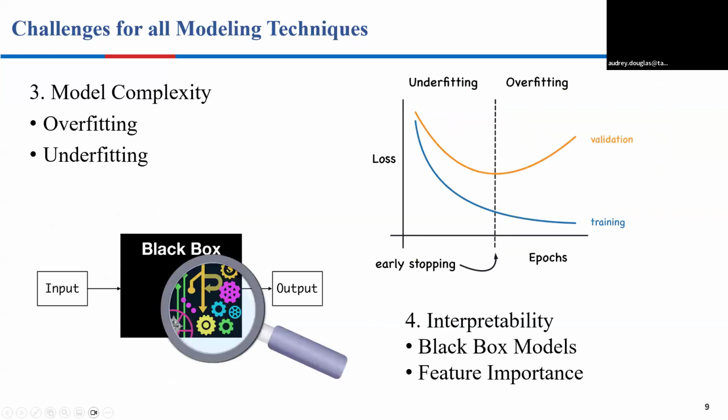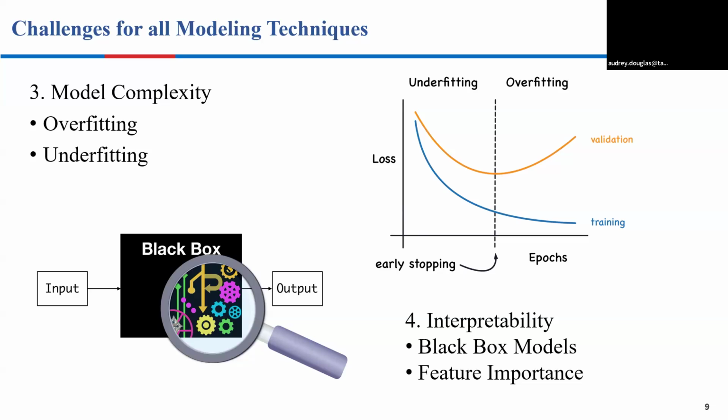All right, model complexity, overfitting, underfitting. A complex model can learn the training data set too well, but when you test the model, it is not good for unseen data and the performance is so poor, right? So this is overfitting.